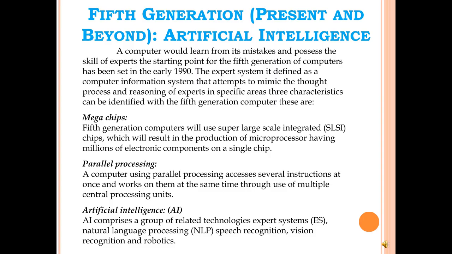Next is parallel processing. A computer using parallel processing accesses several instructions at once and works on them at the same time through use of multiple central processing units. And lastly, artificial intelligence, that is AI.